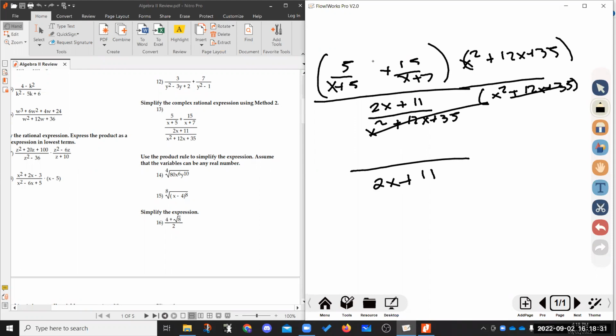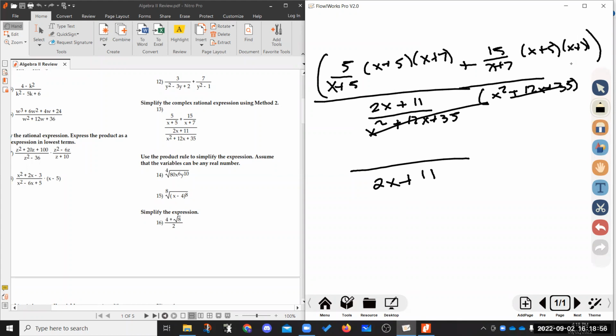When I multiply each term here, you can see it more clearly. x plus 5 times x plus 7 plus 15 over x plus 7, x plus 5, x plus 7. That's the same thing as what I was doing just a second ago. This is going to be 5 times x plus 7, 15 times x plus 5.